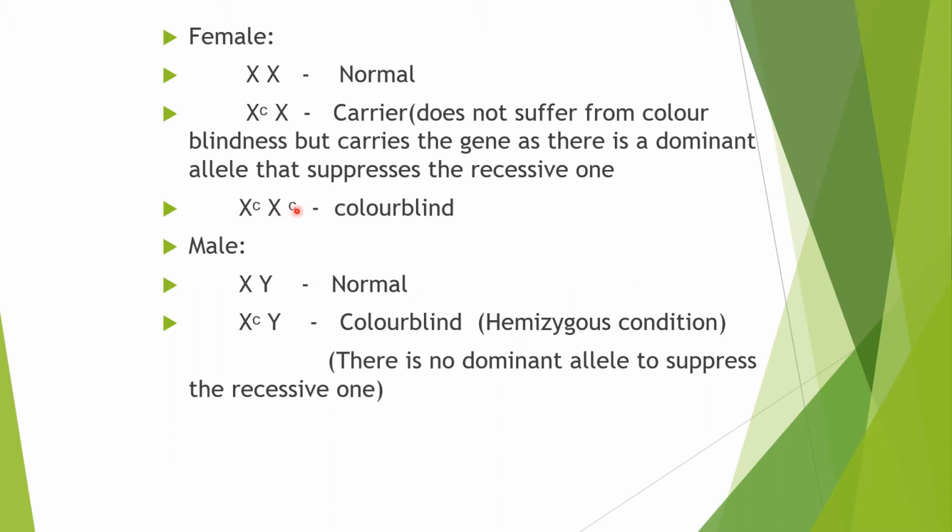So, I said this is a recessive gene which can only express itself when present in similar pairs or when it is found in homozygous condition. Since both the X chromosomes have a pair of this recessive gene, the gene expresses and the character manifests, and as a result, this female is a colorblind female.